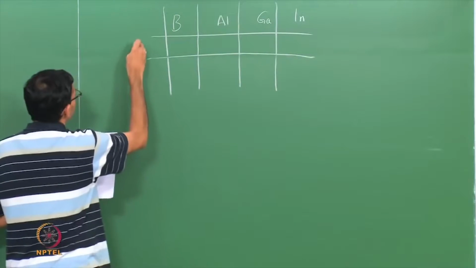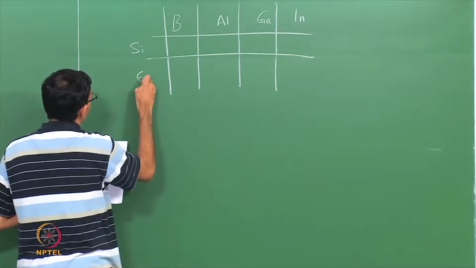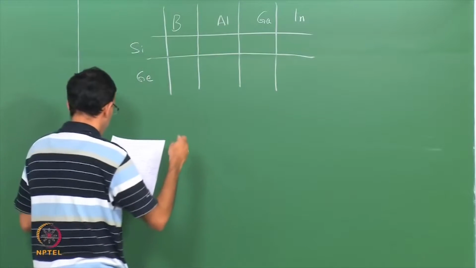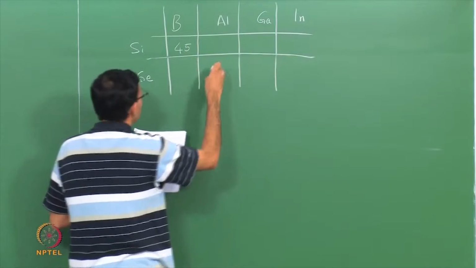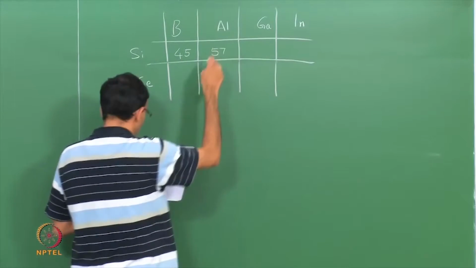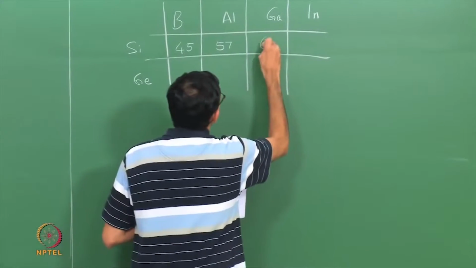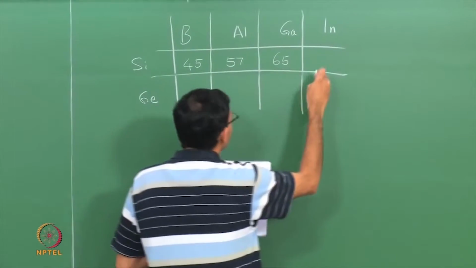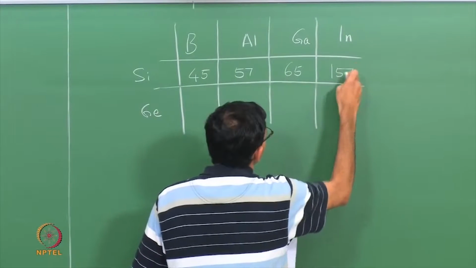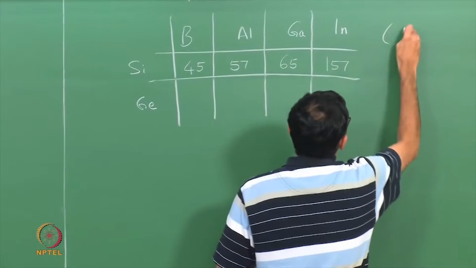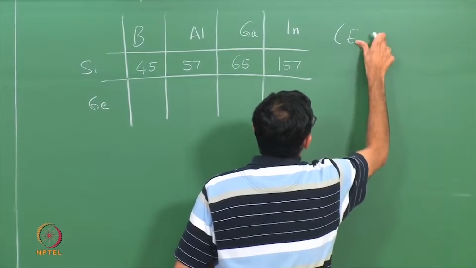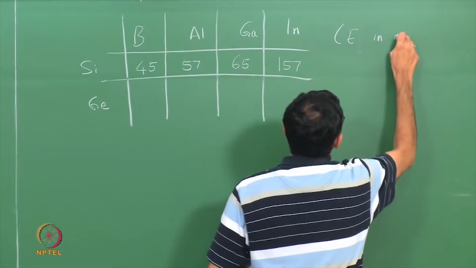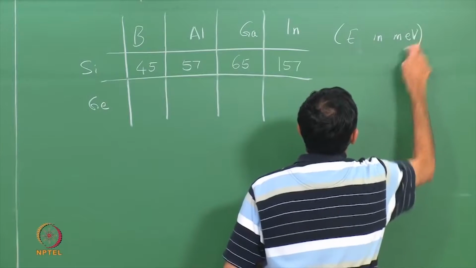So, once again let me write silicon and germanium. 45, 57, 65, 157. Again we are writing energy in milli electron volts.